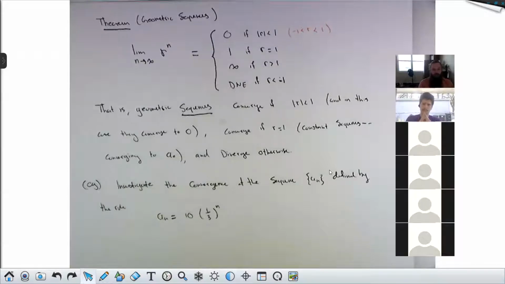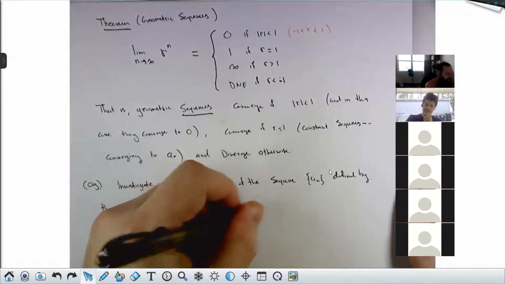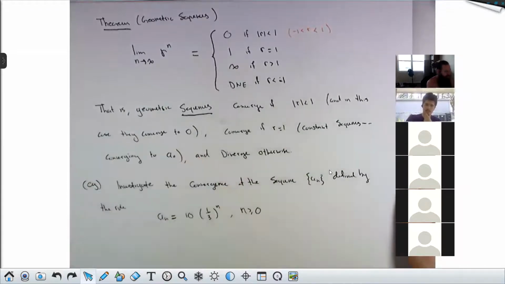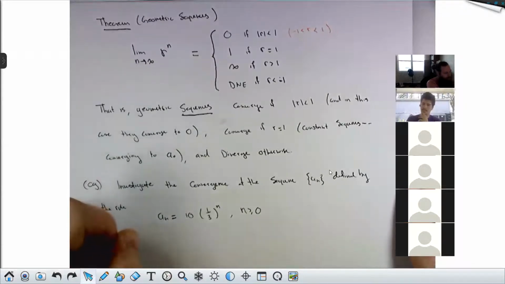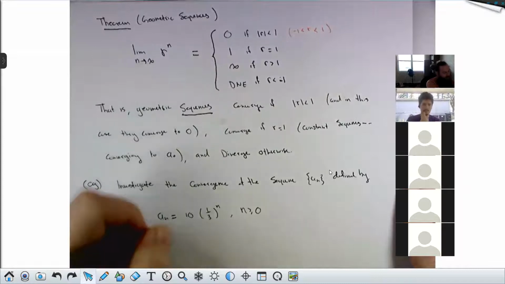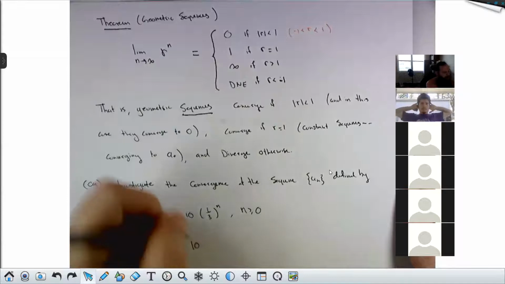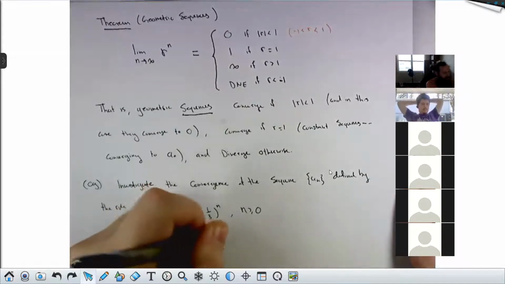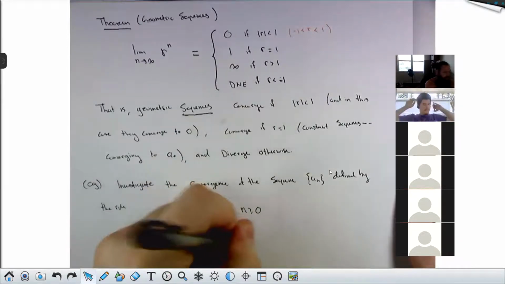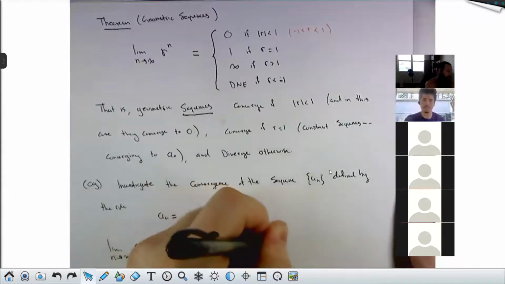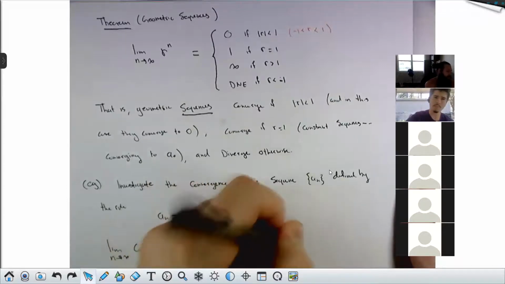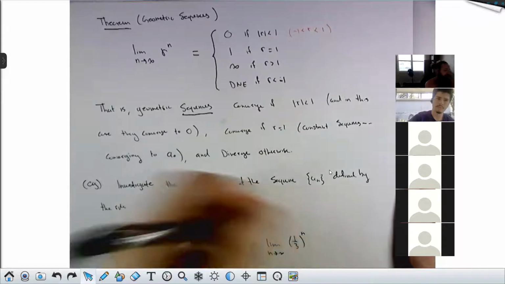So if I have the sequence 10 times 1/3 to the n, and again, here I'll say n is starting at 0. I know that the limit as n goes to infinity of an is the limit as n goes to infinity of 10 times 1/3 to the n, which is 10 times the limit as n goes to infinity of 1/3 to the n.